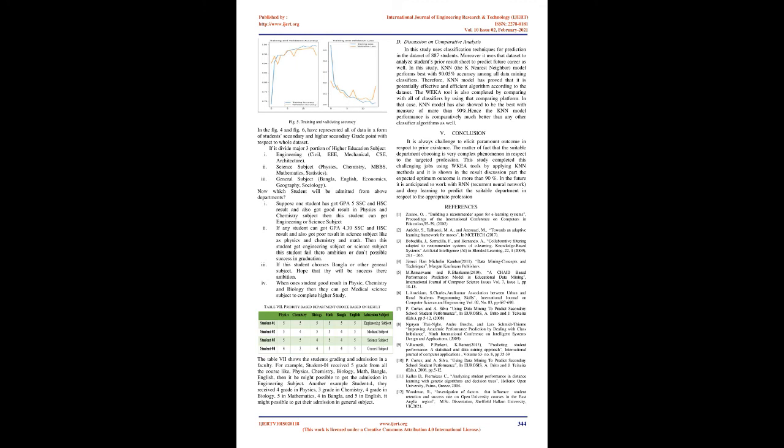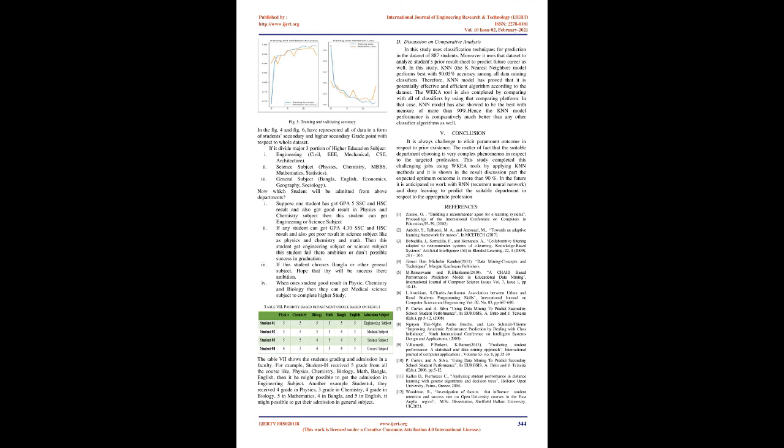Discussion on comparative analysis. This study uses classification techniques for prediction on a dataset of 887 students. Moreover, it uses that dataset to analyze students' prior result sheets to predict their future careers as well. In this study, the KNN, K-nearest neighbor, model performs best with 90.05% accuracy among all data mining classifiers.